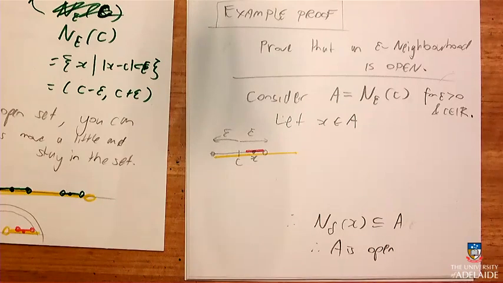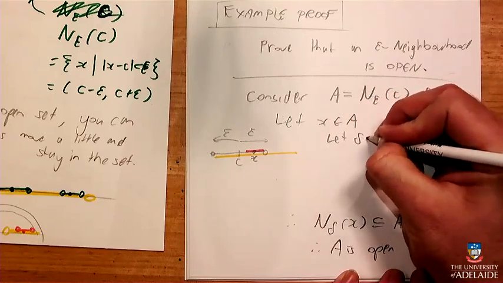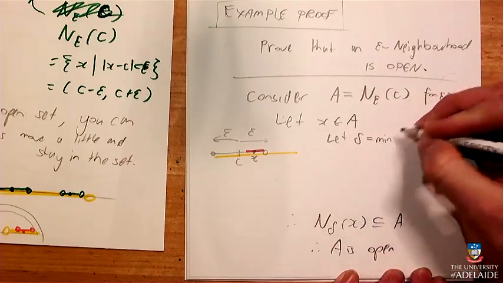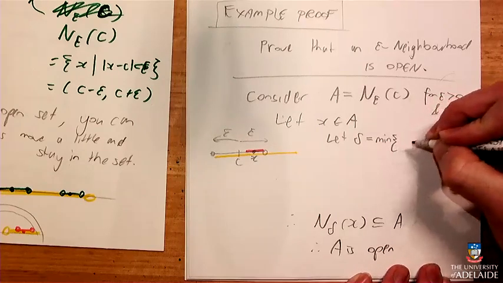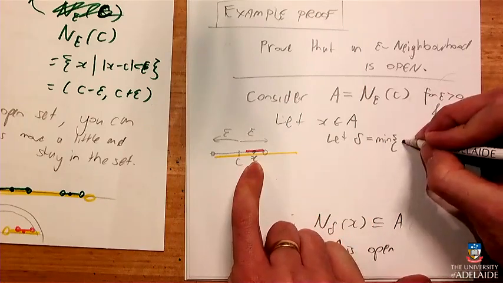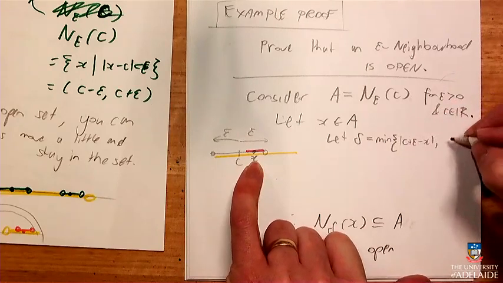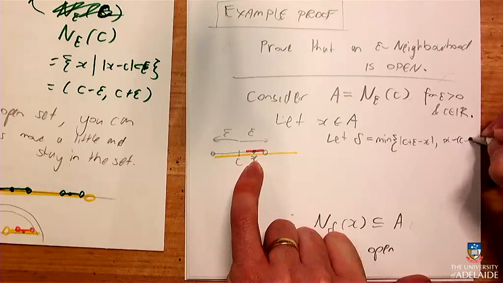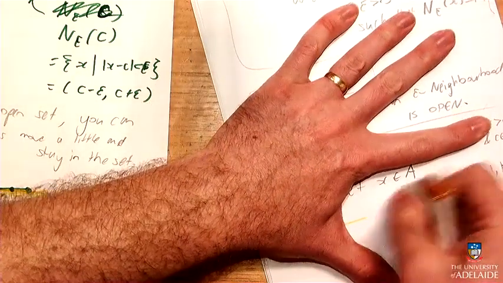So let delta be the minimum of the distance between x and c plus epsilon, and the distance between x and c minus epsilon. We don't actually need absolute values on them because we actually know, I just need more space.